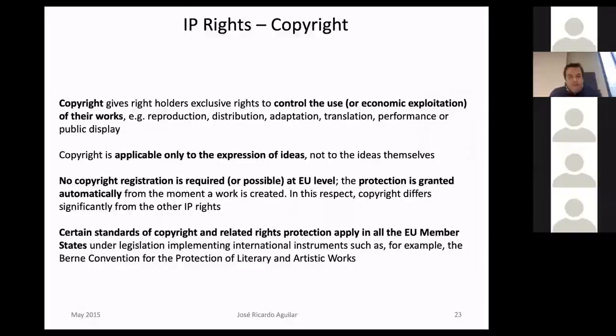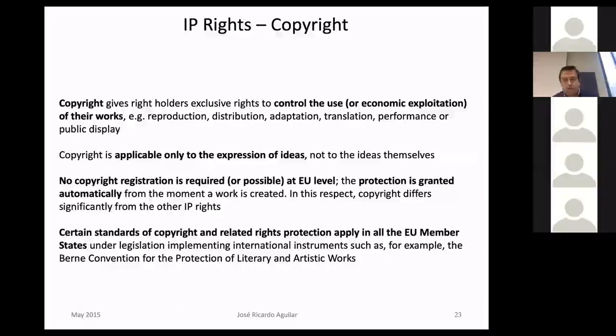So copyright brings this idea of exclusivity to the use of works by the creator or by someone that is entitled by the creator with that right. Of course, it is only applicable to those ideas that are disclosed.